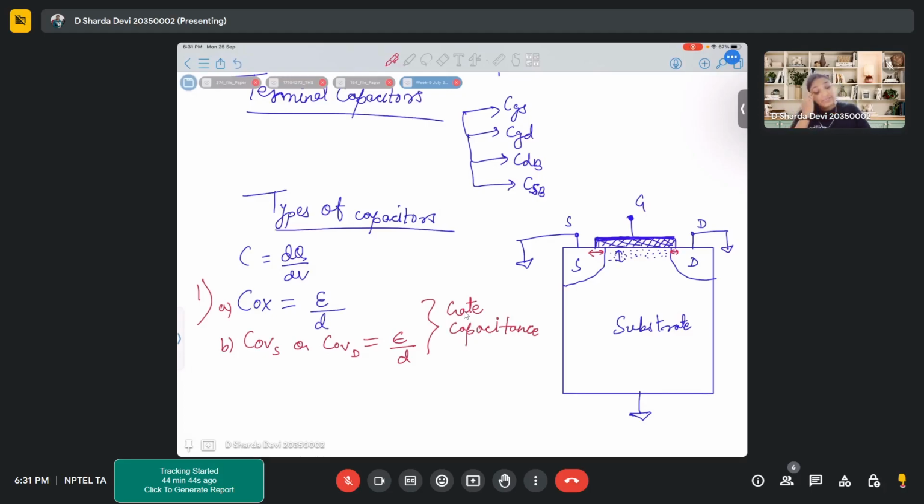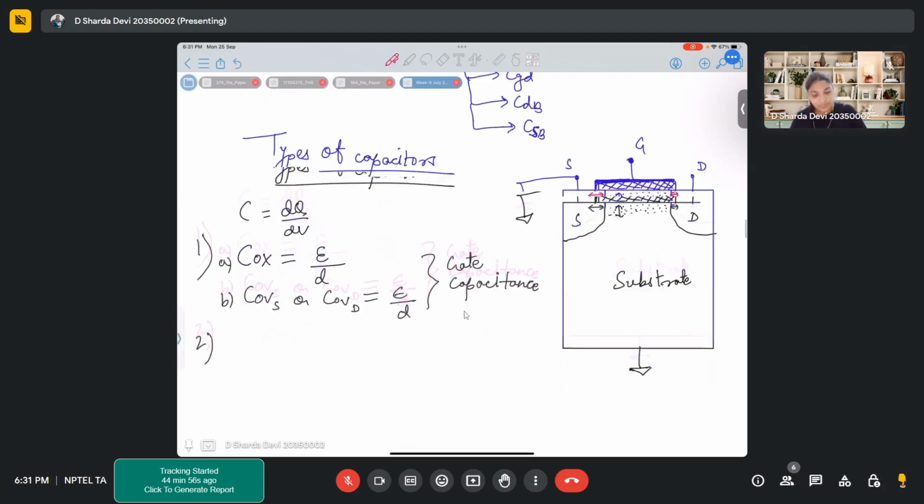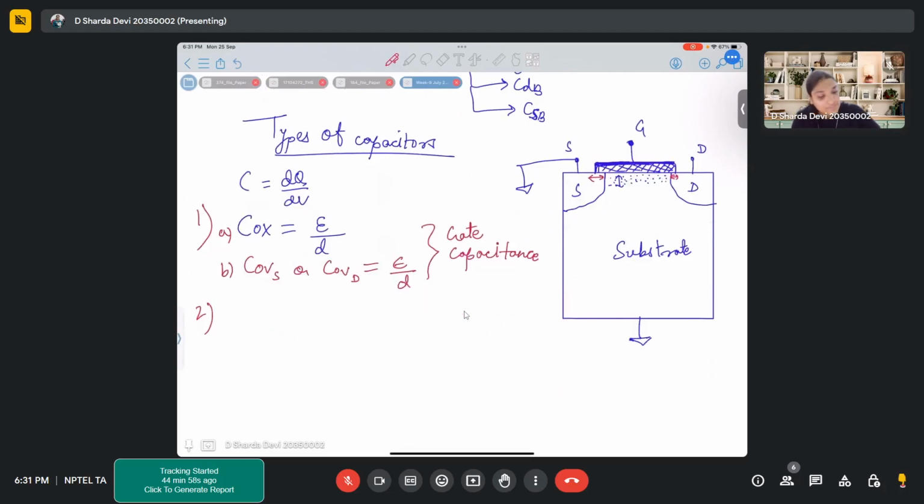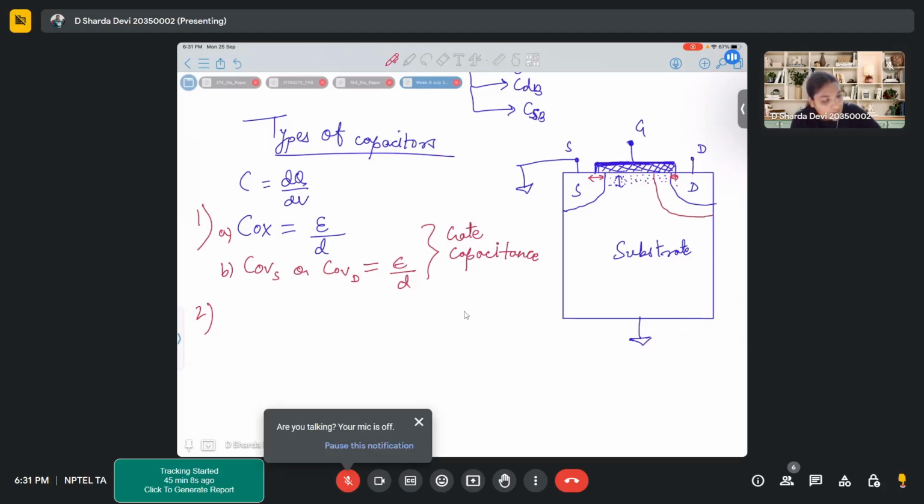Now after this, once you apply your gate voltage, the next thing you do to get current is apply your drain voltage, right? The moment you apply your drain voltage, you will have a change in charge configuration near your PN junctions. Here, because of reverse bias, you'll start seeing a depletion region forming.